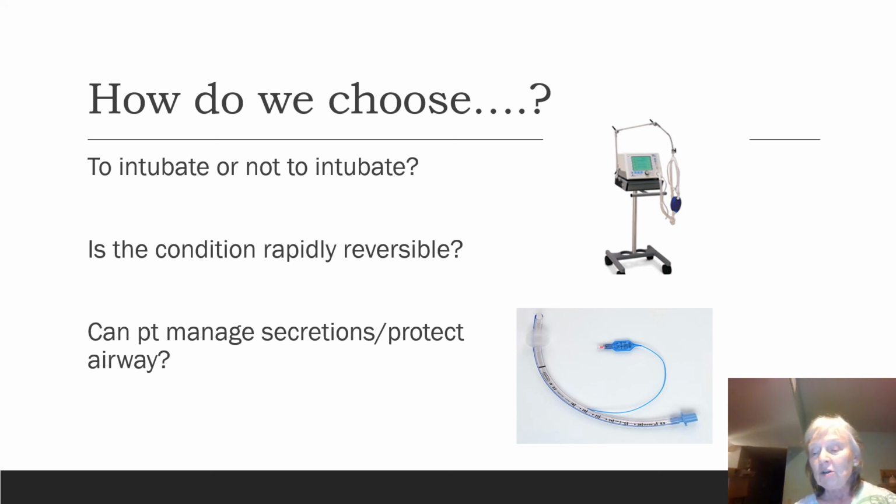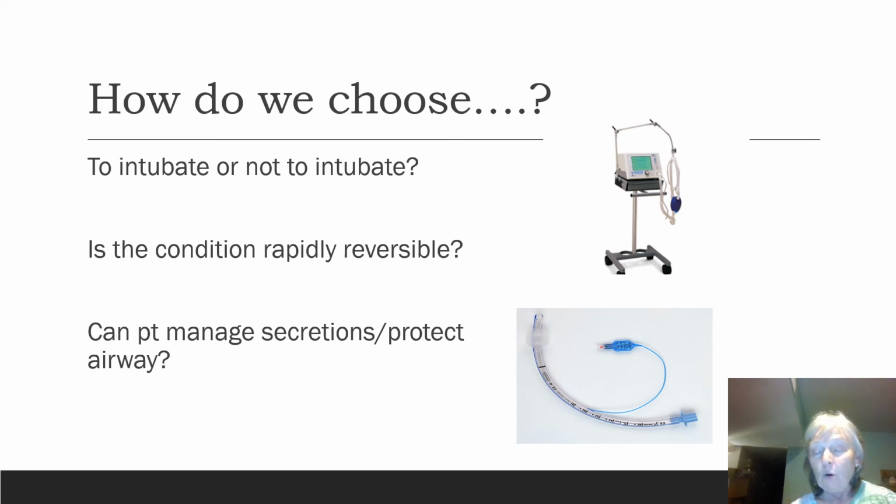Now, one of the ways you can decide whether or not this patient is going to be able to protect their airway: if your patient does not have a gag reflex, they're not going to be able to protect their airway. You're going to have to do something to protect it for them. So we need to evaluate these patients, make recommendations based on what we see, and make sure that we understand what has to happen at this particular point in time.